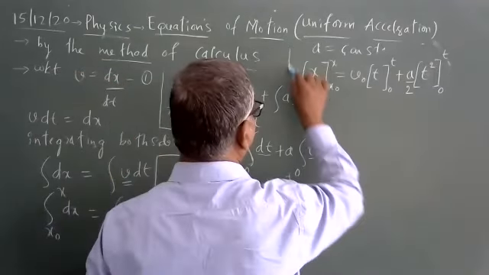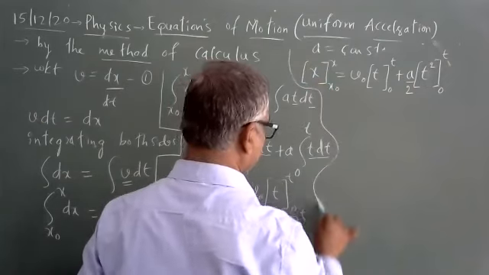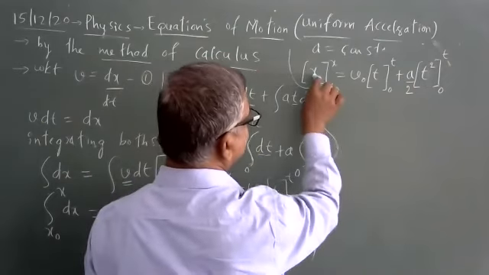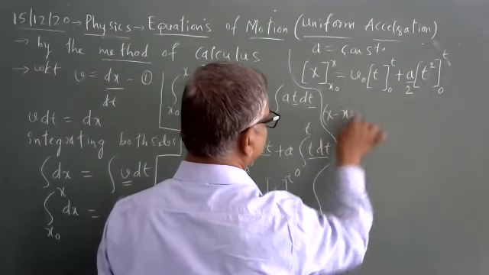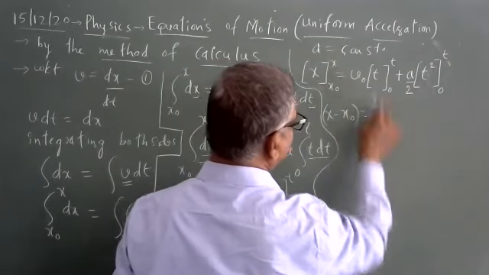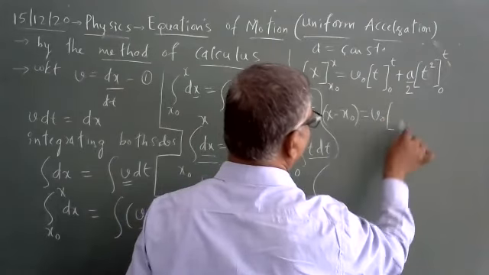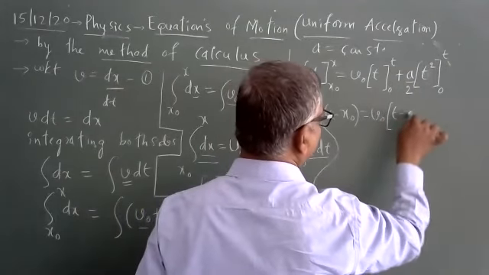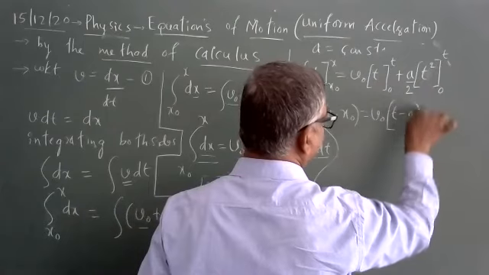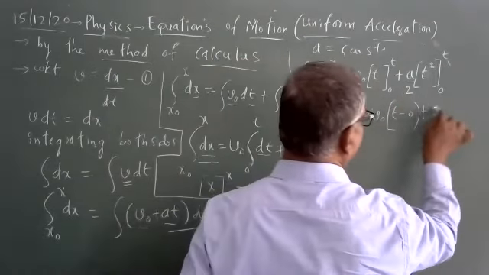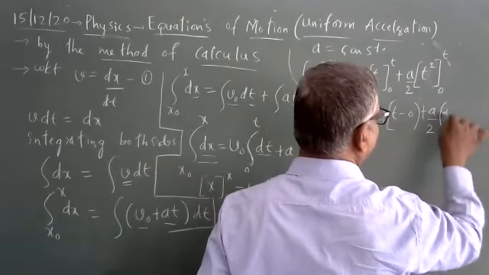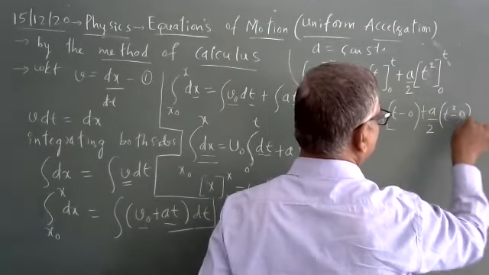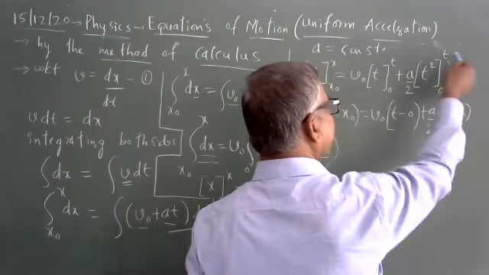Now you substitute. The substitution becomes x upper limit, lower limit. X minus x naught. First part over. Second, initial velocity as it is. Now again, upper limit is t minus 0. Yes, over. Plus a by 2. Again t square, upper limit t square minus 0. Means wherever t is there, I substitute it here.